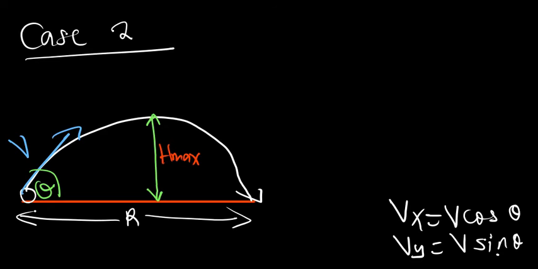Allow me to denote this as part A, part B, part C. We need to know how to find the time. We need to know how to find the range. We need to know how to find the H max. Let's go ahead and start finding the time.